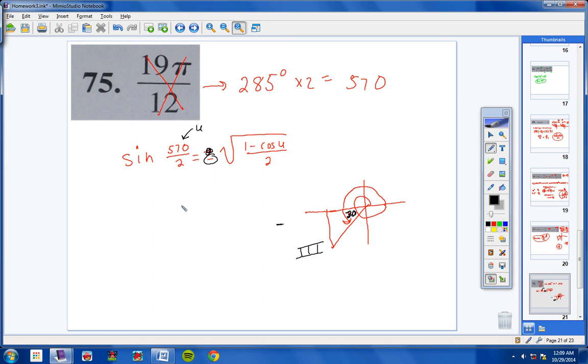Now, next, we'll have 1 minus, now think about this, guys, the cosine of u, which is 570. The 570 really is 30 degrees, like this, as long as you remember you're in the third quadrant, and cosine is negative.